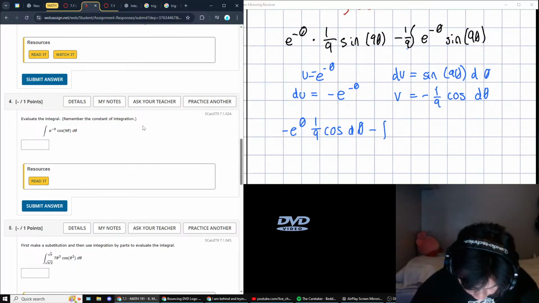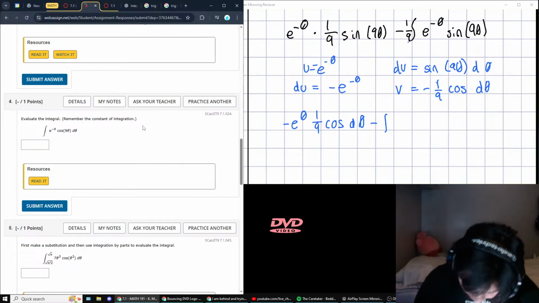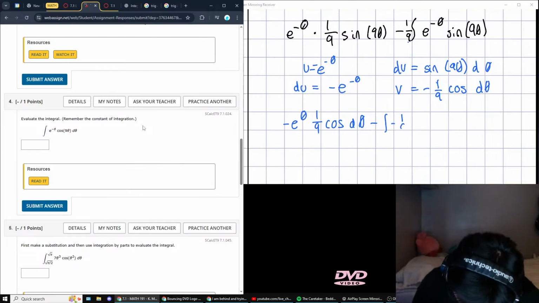Anyways, I'm joking. Okay, so we integrate between negative 1, 9.